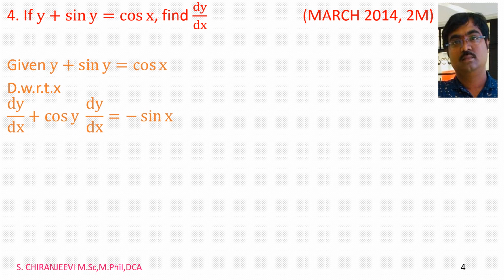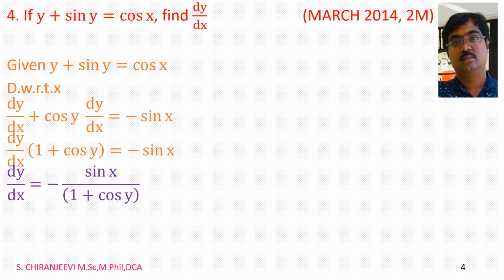In LHS, if I take dy by dx outside, it will be 1 plus cos y equal to minus sin x. Now dividing, you will get the answer dy by dx equal to minus sin x, whole divided by 1 plus cos y.